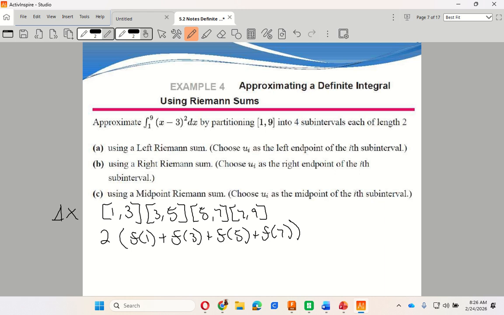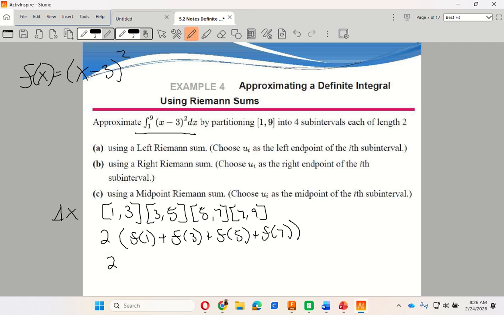So in this case, my function is (x minus 3) squared. That's the function. So f of 1, it's 1 minus 3, which is negative 2. Negative 2 squared is positive 4.